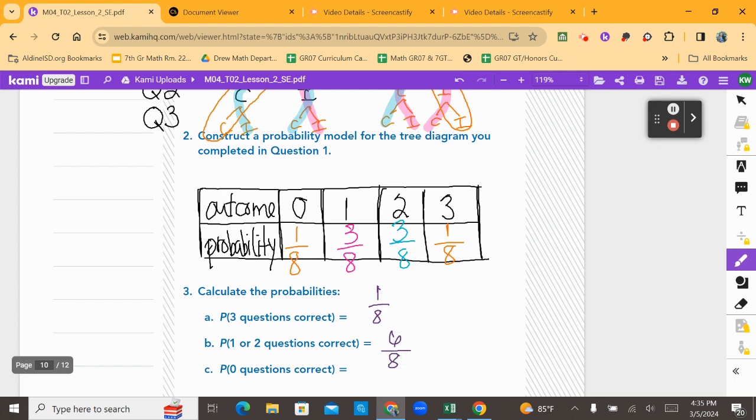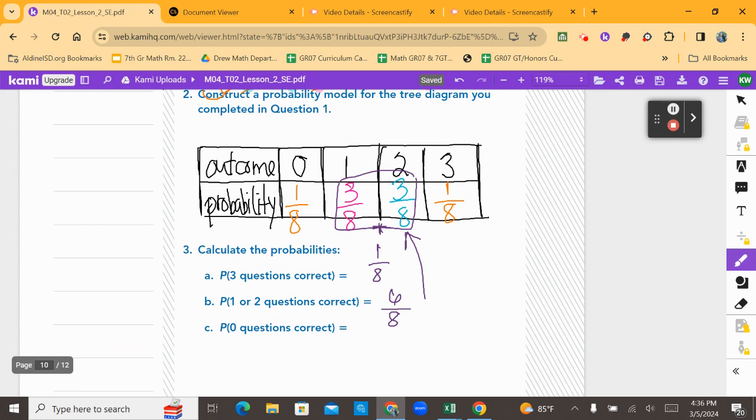There is a great possibility that you're either going to get 1 or 2 questions correct. So that is 6/8 because I've added those two. That's where I got these numbers from. All right. And the probability of getting 0 questions correct, we can see from our probability model, is 1/8. 1 out of 8 chance.